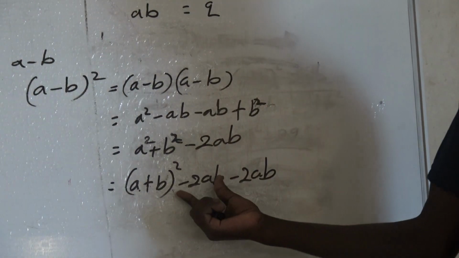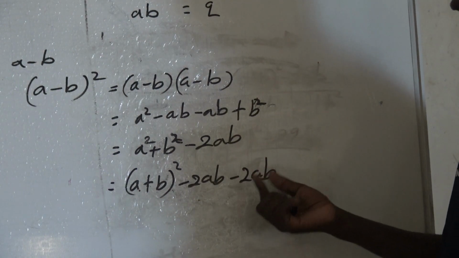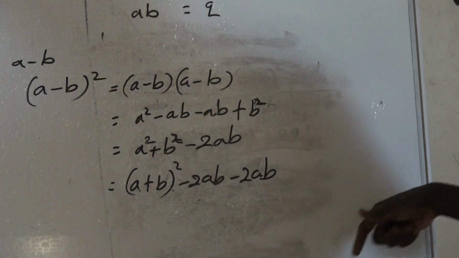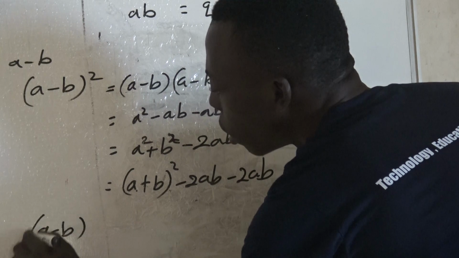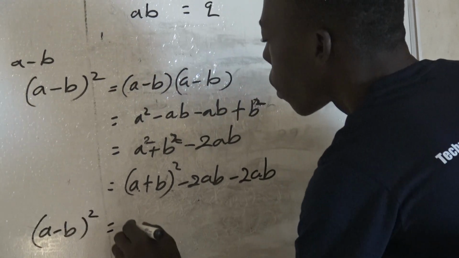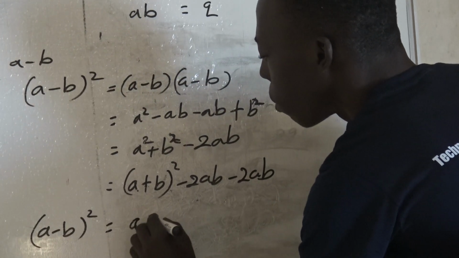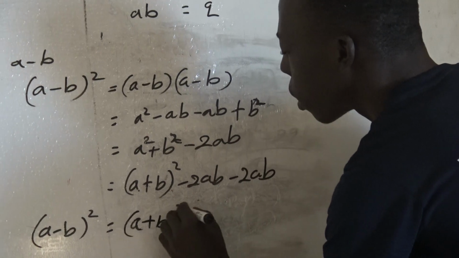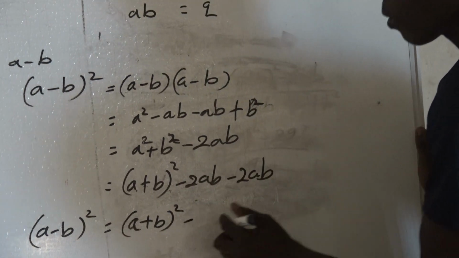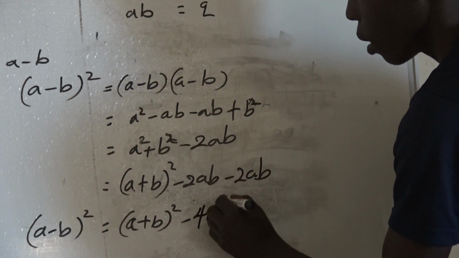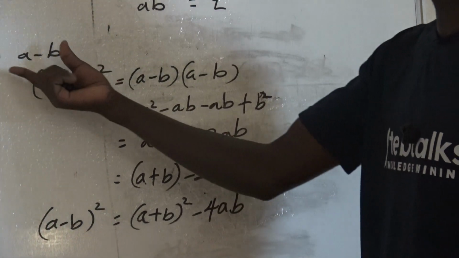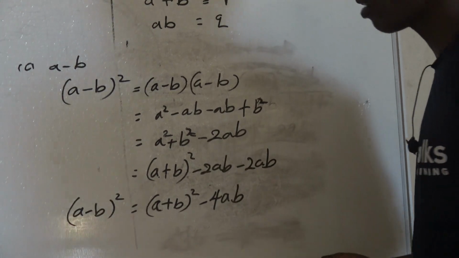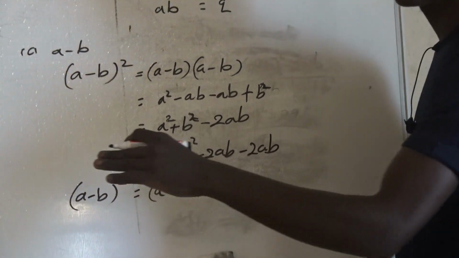Since we have a common term, minus 2ab, we combine them. So a minus b squared gives us a plus b, the whole thing squared, minus this and this, which gives us 4ab.